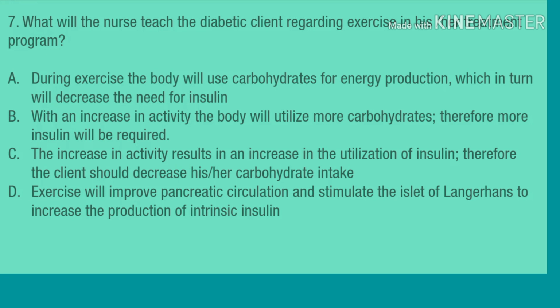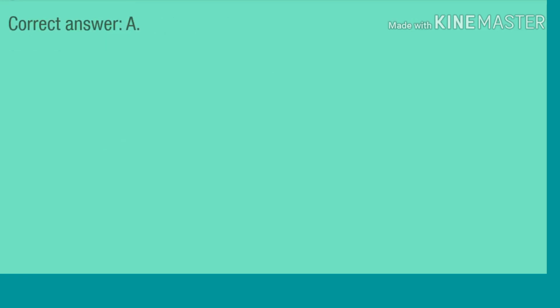C. The increase in activity results in an increase in the utilization of insulin, therefore the client should decrease his/her carbohydrate intake. D. Exercise will improve pancreatic circulation and stimulate the islets of Langerhans to increase the production of intrinsic insulin. Correct answer, A.